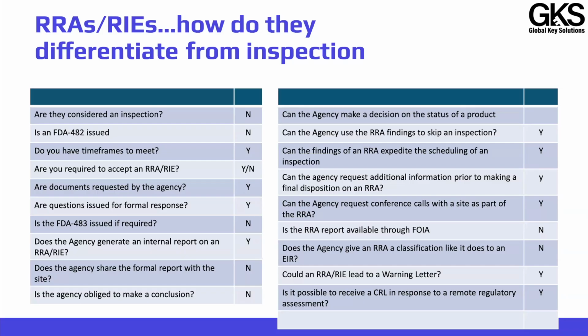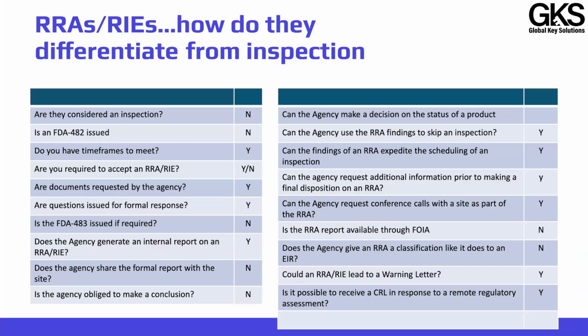It's called SMG 6001.1. It's a staff manual guide from the FDA because it gives you very specific information about exactly how the entire RRA process and RIE process goes through.